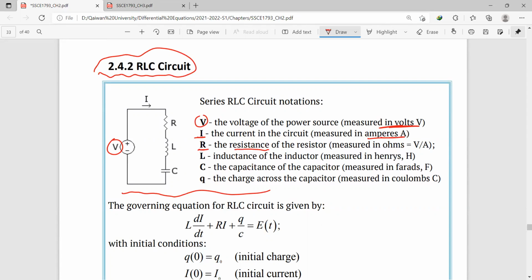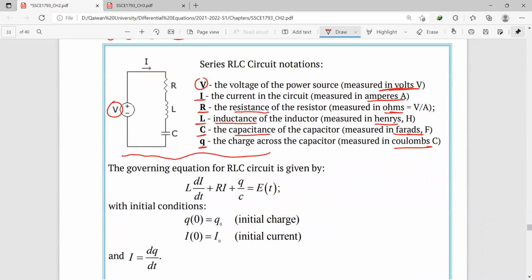R is the resistance, measured in ohms. L is the inductance, measured in henries. C is the capacitance, measured in farads. And Q is the charge across the capacitor, measured in coulombs.